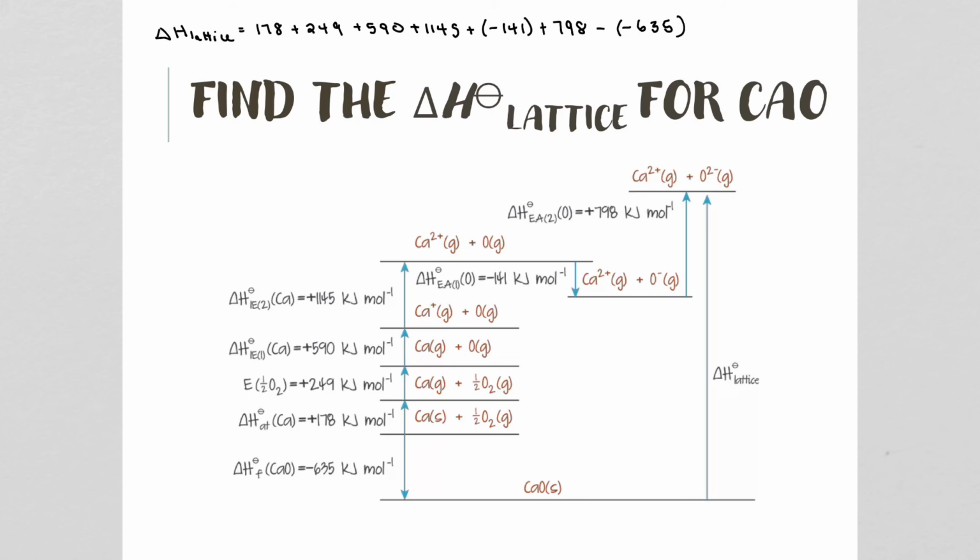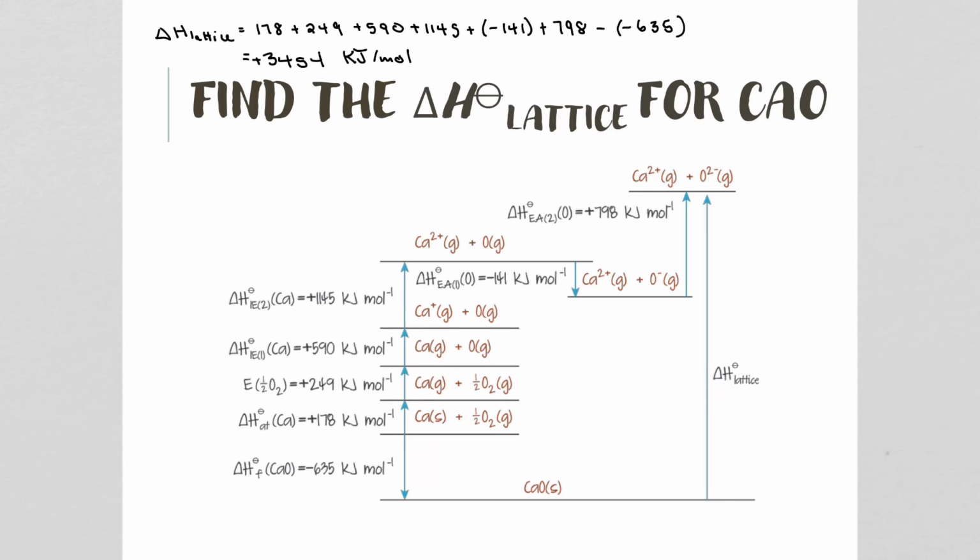Let's make sure we didn't miss anything. 178, 249, 590, 1145 minus 141 plus 798 minus 635, and that gives us a grand total of 3,454 kilojoules per mole. And that's a positive value.